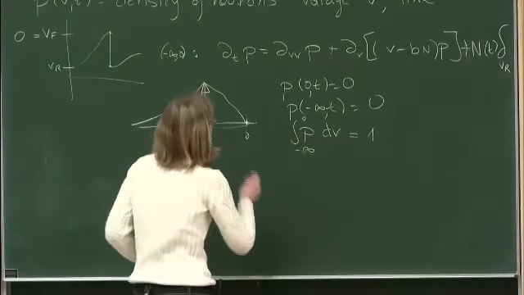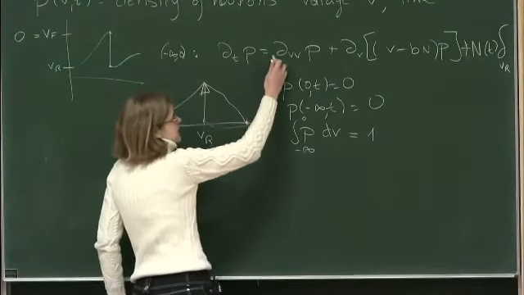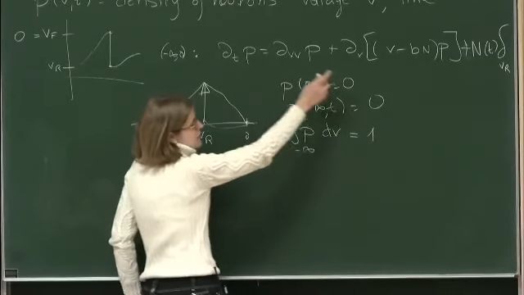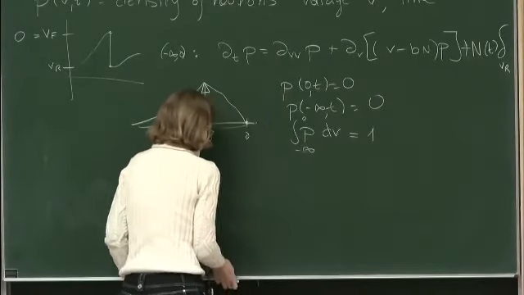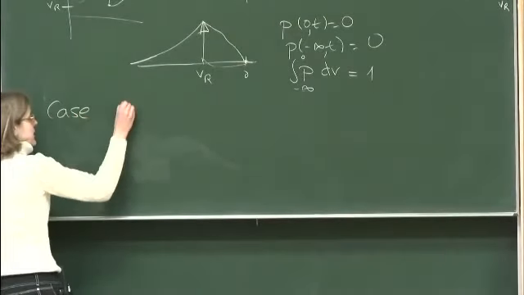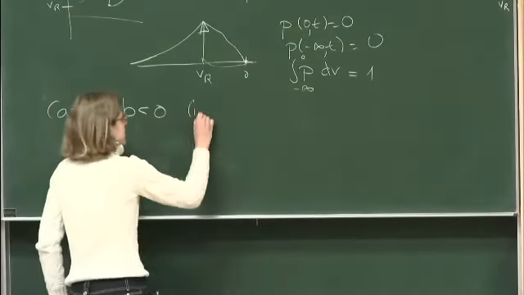Here you see there was a coefficient in front of the diffusion term. I'm just taking it to be 1, and I'm going to be considering the case b less than 0, inhibitory.